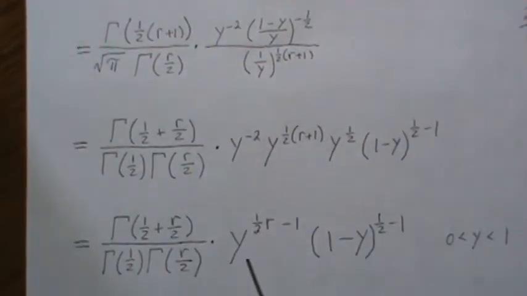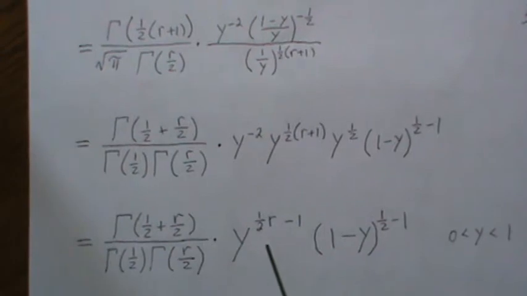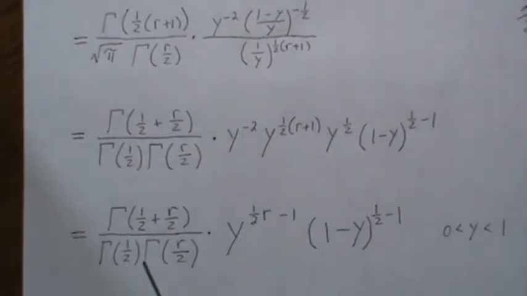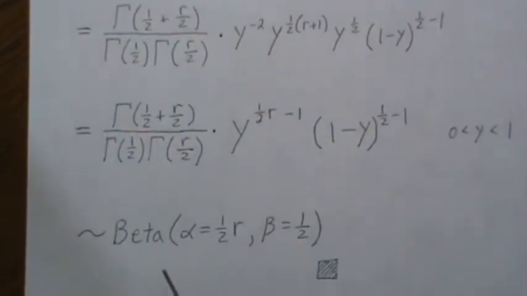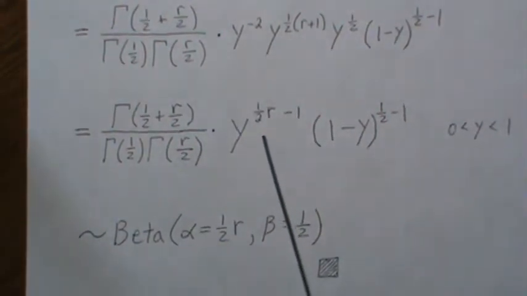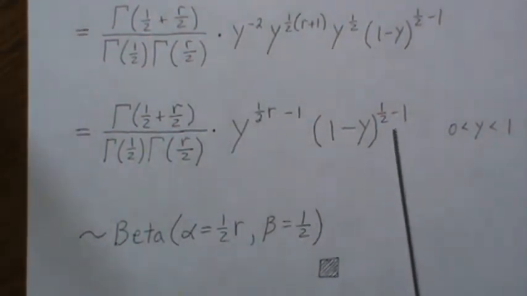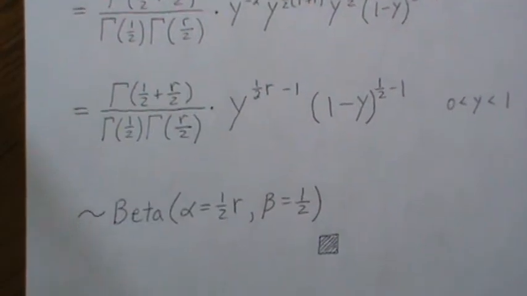Now these can combine to this, and again, this is from 0 to 1, and this right here is a beta distribution, beta of 1/2 r and 1/2. And so we transformed a t distribution into a beta distribution.